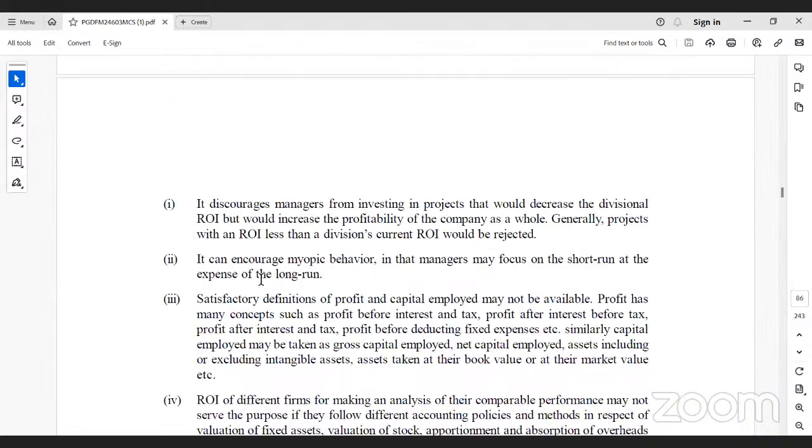What are the disadvantages? It encourages managers to reject projects that would decrease the divisional ROI but increase the profitability of the company as a whole. Take the example of Hyderabad Metro. The passenger ticket revenue may not be that much, but the metro can earn more from advertisements as well as parking, which we won't consider.